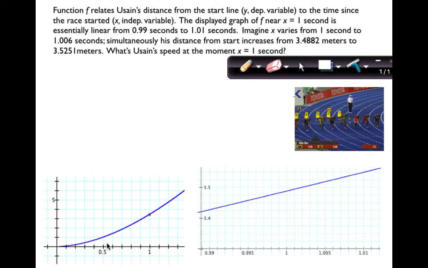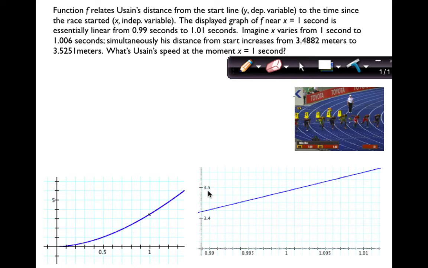So looking at this first graph, this is slightly zoomed in from what we saw earlier. I can tell for sure that over those first 1.5 seconds, he's not traveling at a constant rate, because it certainly looks very curved to me. So I wouldn't want to pick one number and assign it to that whole interval of 1-point-something seconds.